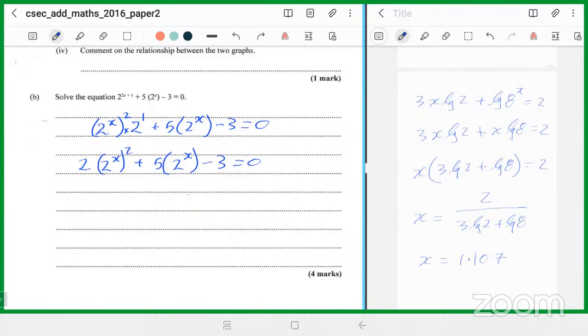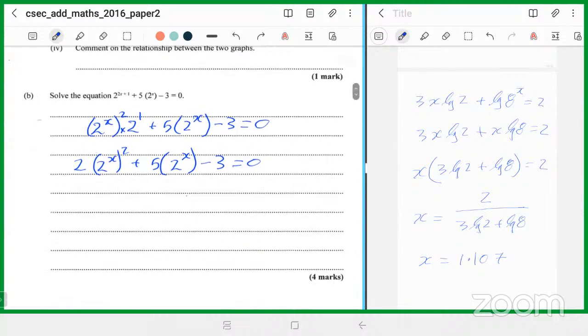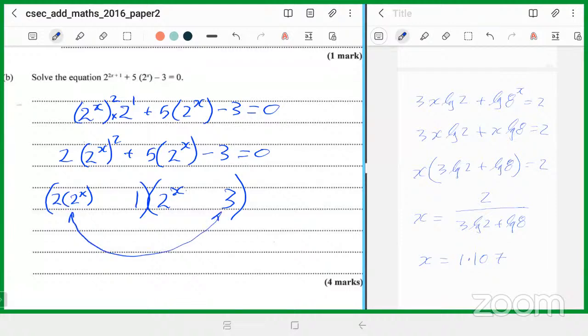The factors would be 2 times 2 to the x and 2 to the x, and then I need factors of 3, which are 3 and 1. 2 times 3 gives me 6, and 6 minus 1 is 5.